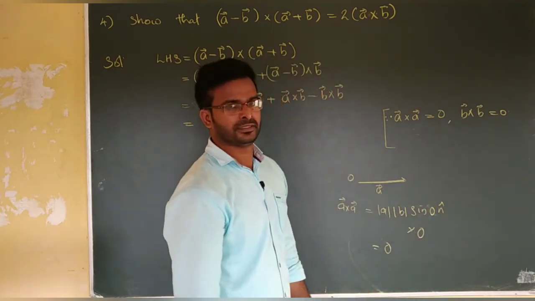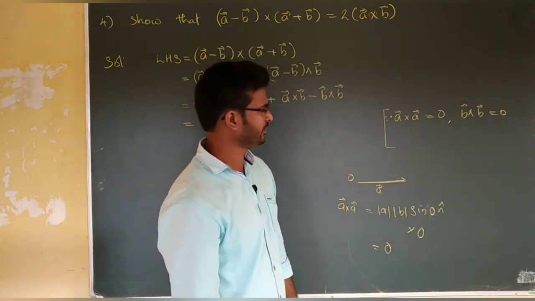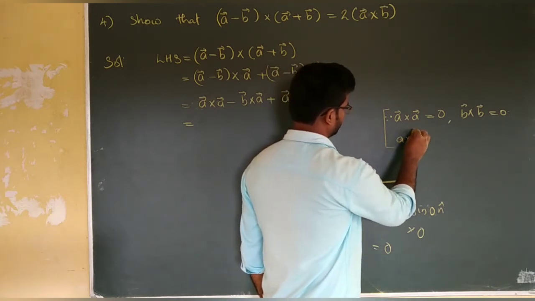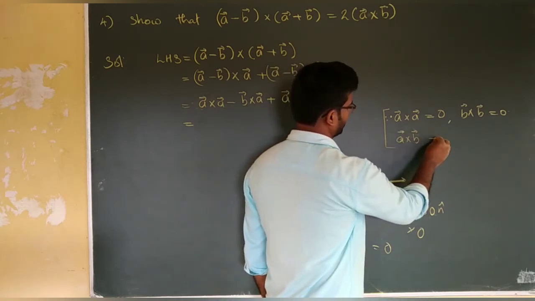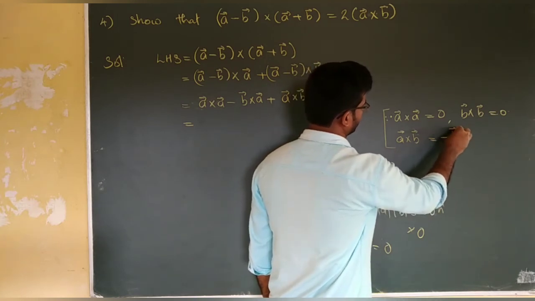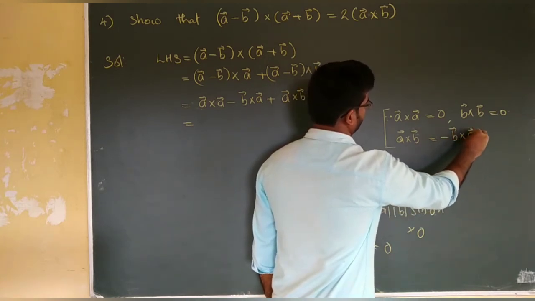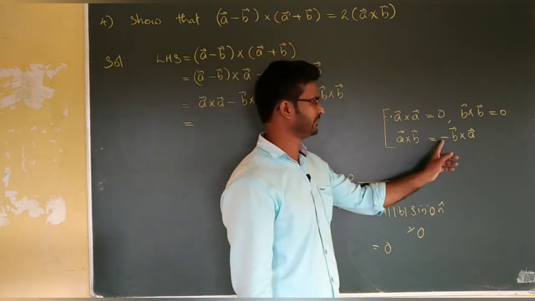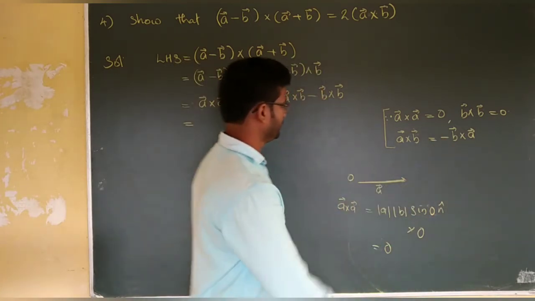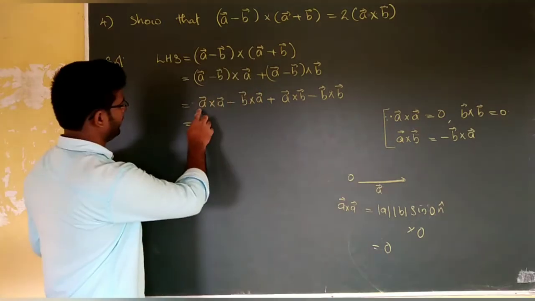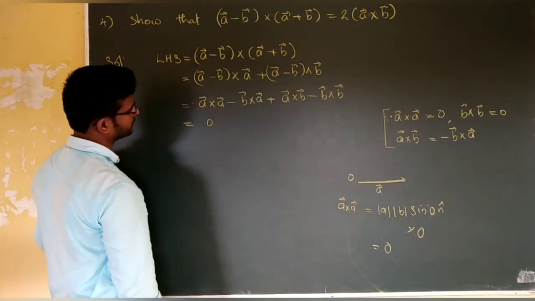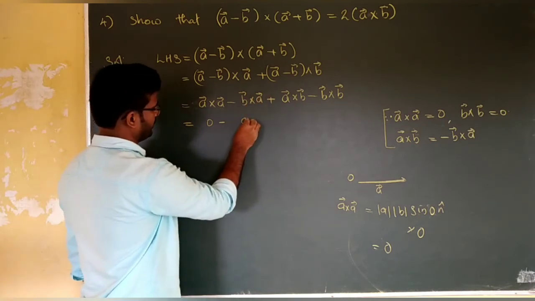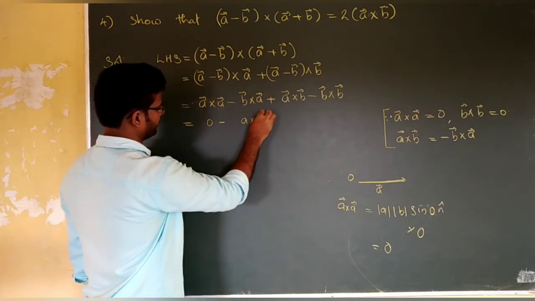Introduction of exercise 10.4 was already studied. Next, A cross B equal to minus B cross A. Cross product is not commutative, isn't it? You have to take one minus. These two things we will use in here. A cross A is 0, minus this one we can interchange.